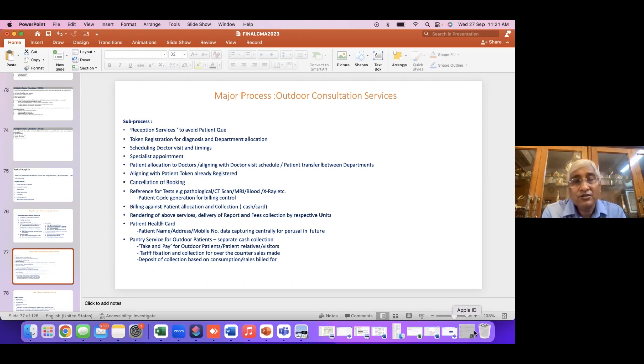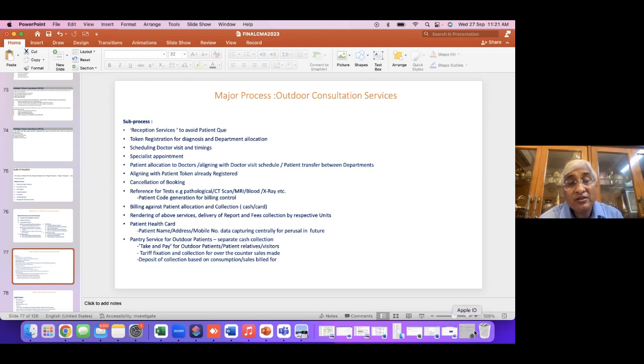There may be other doctors, but some patients have a fascination for a particular doctor, and maybe that doctor is the best doctor in the locality. So all this scheduling of doctors' visits and allocation of patients is very important, because a satisfied patient may bring more customers for the hospital authority.